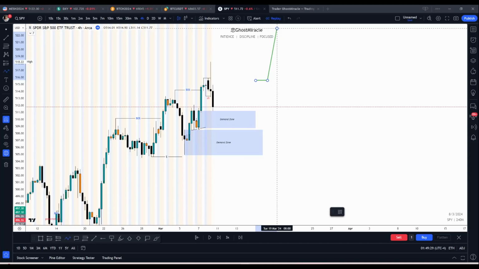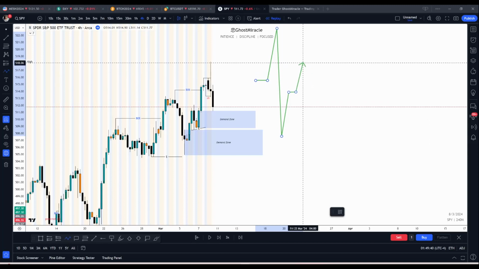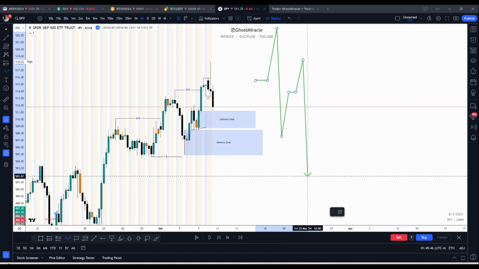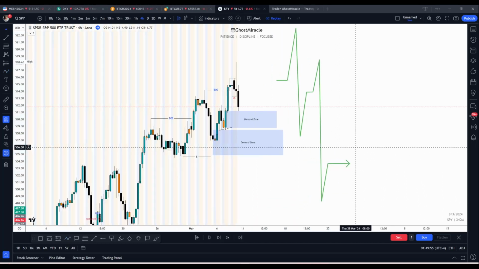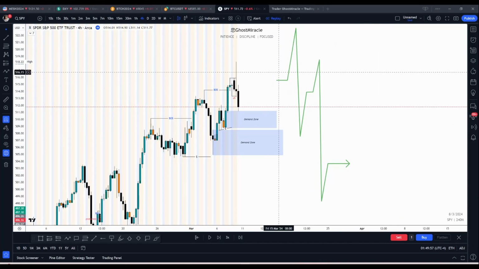Price opened, shot up extremely high, came back down, and then closed something like this. And then the next candle came in, went up, came down, and then came back up just a little bit, and then closed.